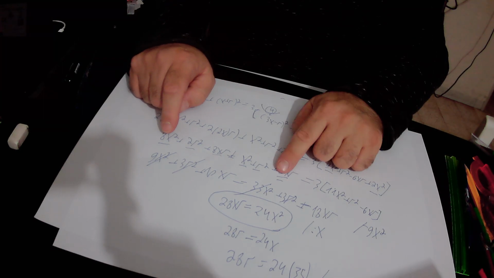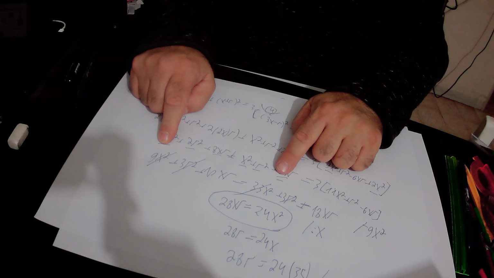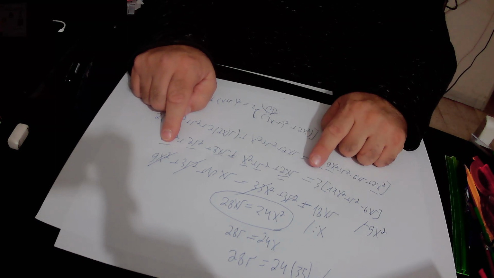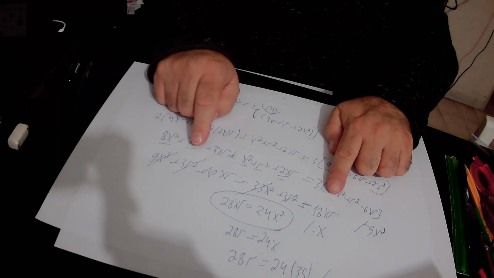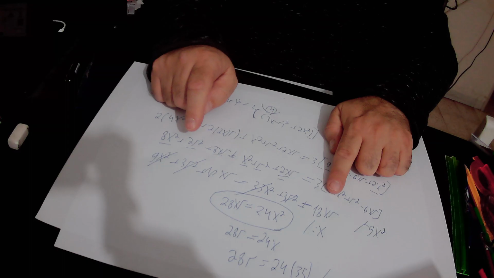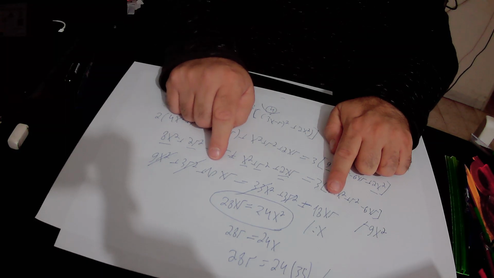In the next step, we subtracted 9x squared from this equation. 33x squared minus 9x squared is 24x squared. Then we added 18xr to this equation. So here 10xr plus 18xr is 28xr.